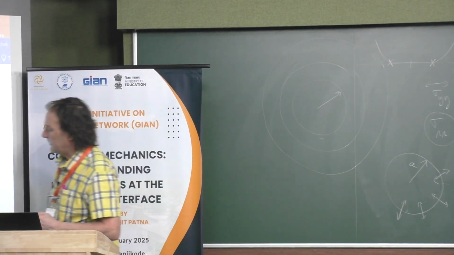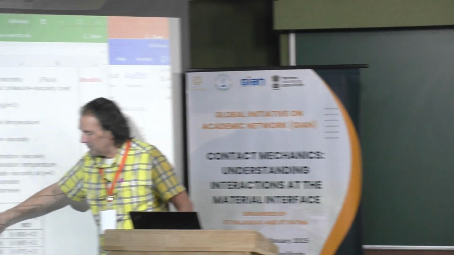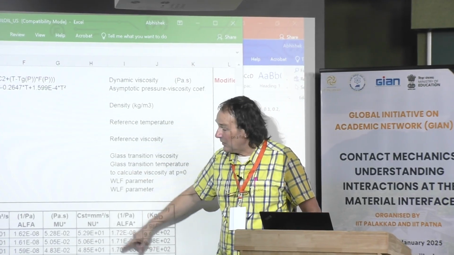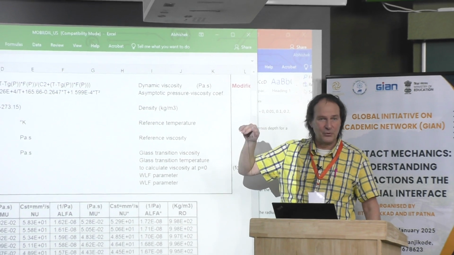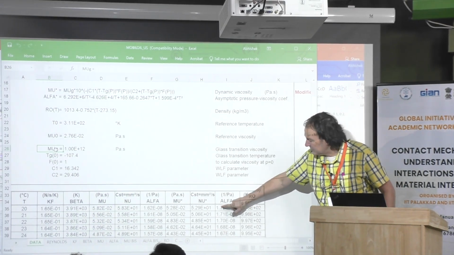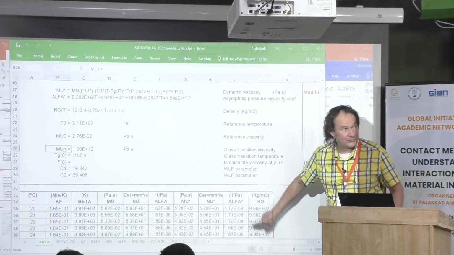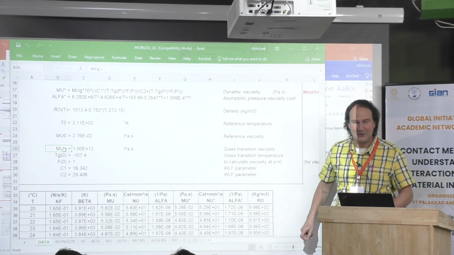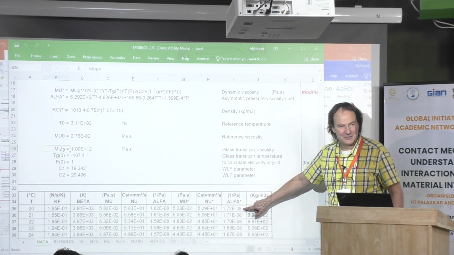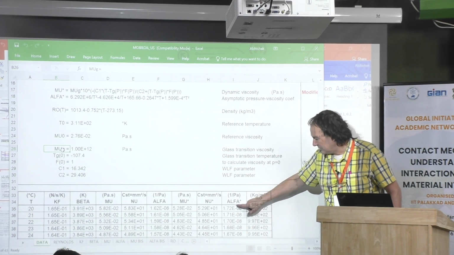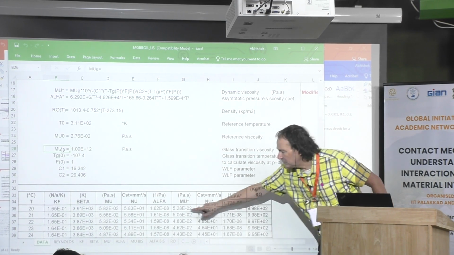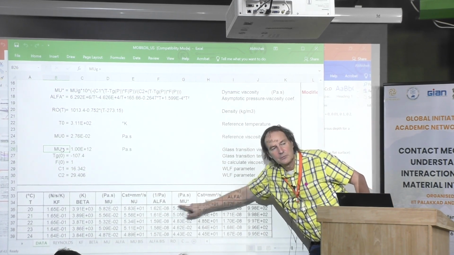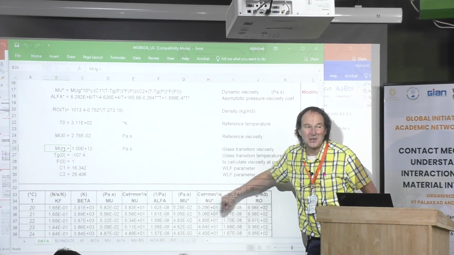Then when you have the star here, this is an integral of the WLF law, and you can see this coefficient is not too different from 2 to the power minus 8, 10 to the power minus 8, and it is slightly different from the Barus coefficient, but not very different.